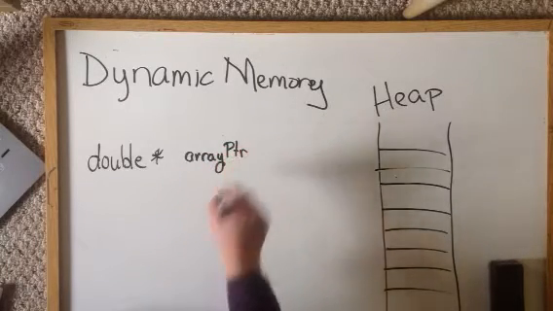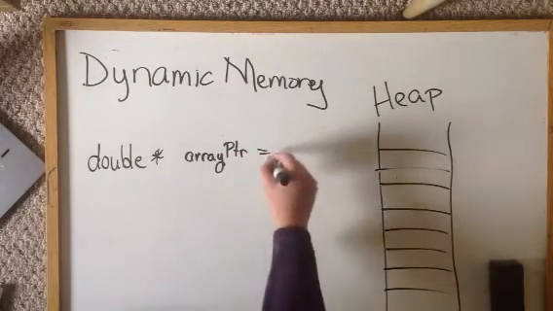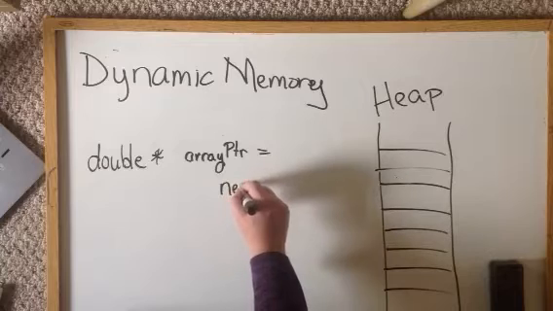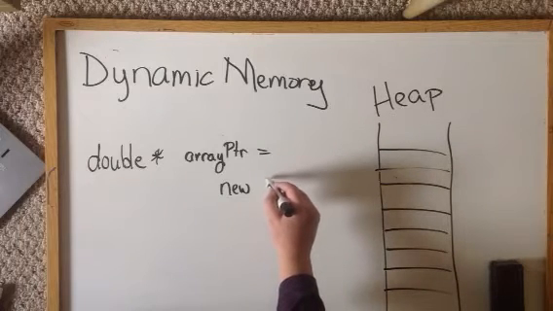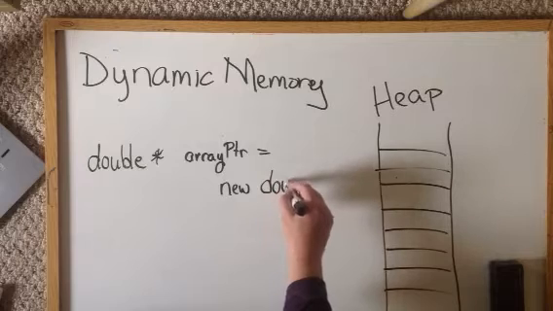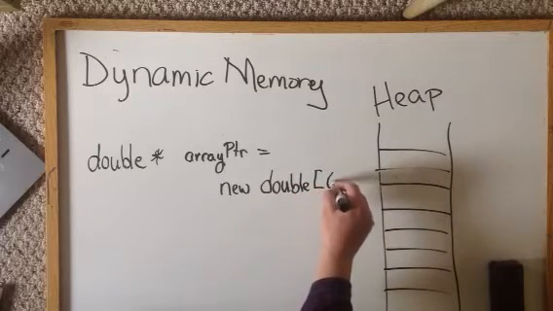And we can just call it array pointer. And we're going to assign that to a new. We have to use that keyword new to say it's in dynamic memory. And then we're going to allocate an array of doubles of some size.